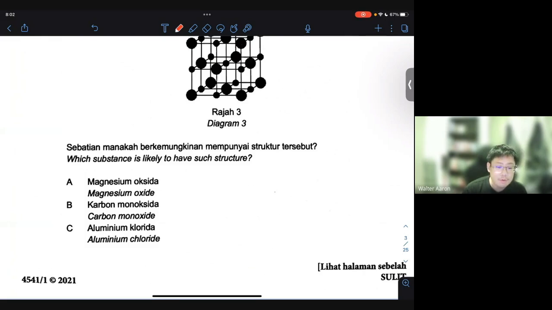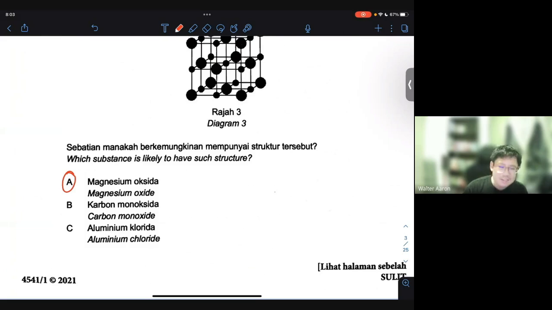If you see properly, I would say that most likely it is A, magnesium oxide. Now, although some people may argue that aluminum chloride is a type of ionic compound, in Form 6, if you take advanced level chemistry, they will tell you that aluminum chloride is an ionic compound with some covalent properties.